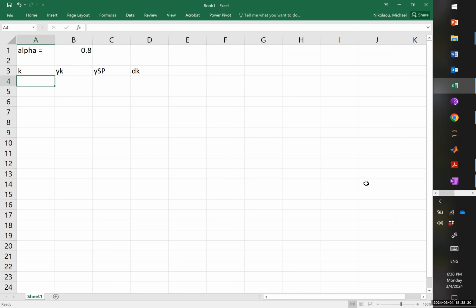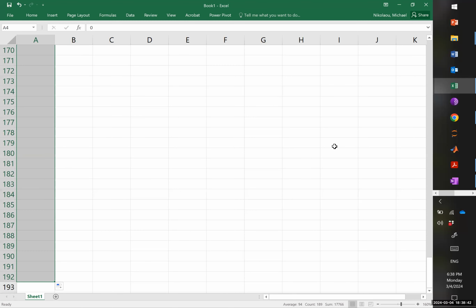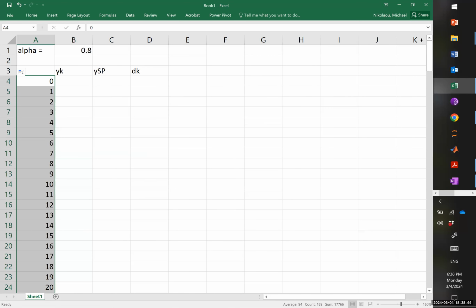So let's say our system is 0, 1, etc. We can have a bunch of these. Initially, we are at 0. Remember, everything is at steady state in deviation form, so 0. The set point, we can consider a step change of magnitude 1. Disturbance, let's say no disturbances. Let's isolate things and we'll see what happens.